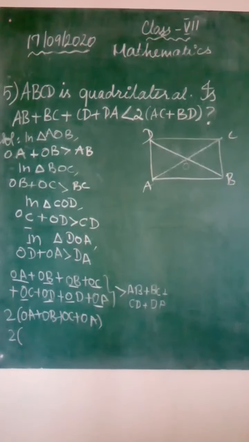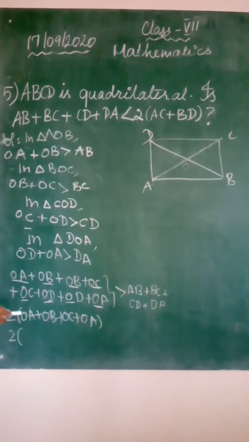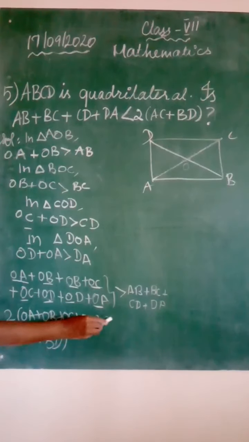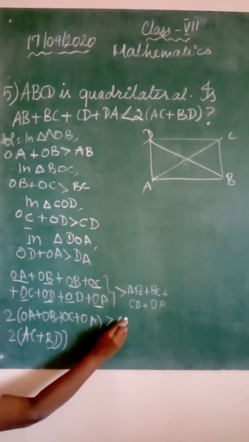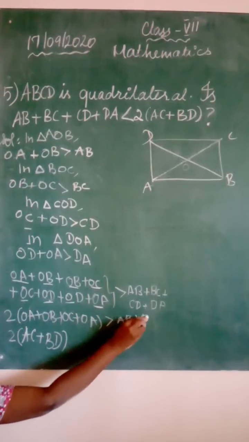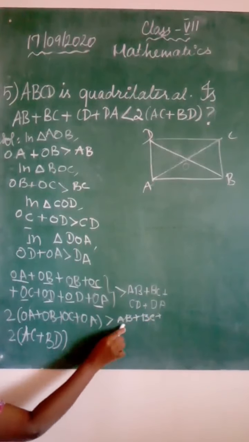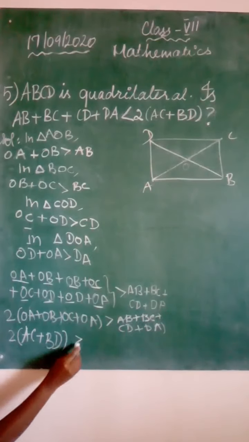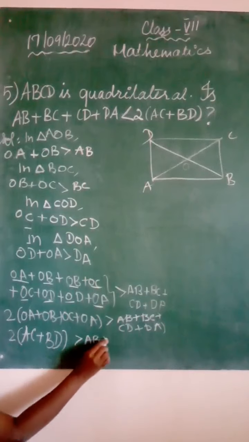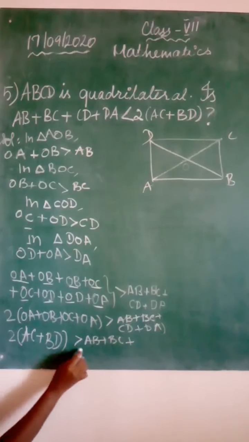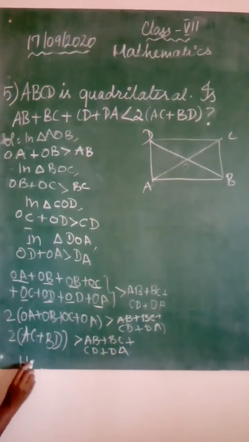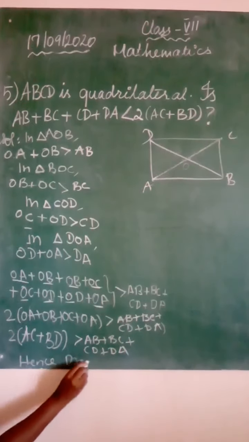So now you can write AC plus BD. Okay. So on the right hand side you will have AB plus BC plus CD plus DA. So hence it is proved.